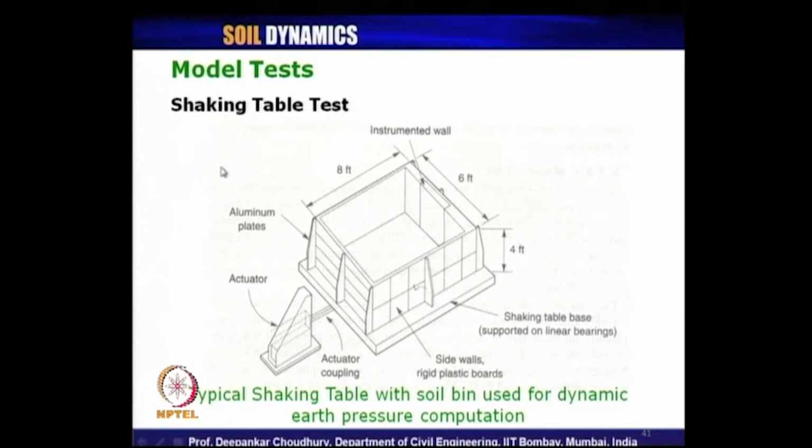Though people worldwide use it, it is not giving us accurate results. We get more accurate results with a bigger size; if we can use actual prototype sizes in the shaking table test, then obviously it will give you the correct result.